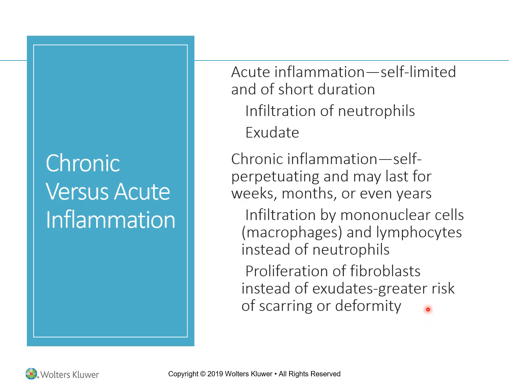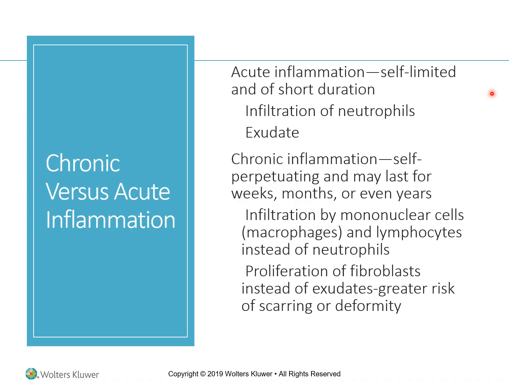When we get fibroblast proliferation instead of exudates, we're more likely to have things like scarring or tissue deformities. So the healing that we see is different and usually not as efficient or complete as what we see in acute inflammation.